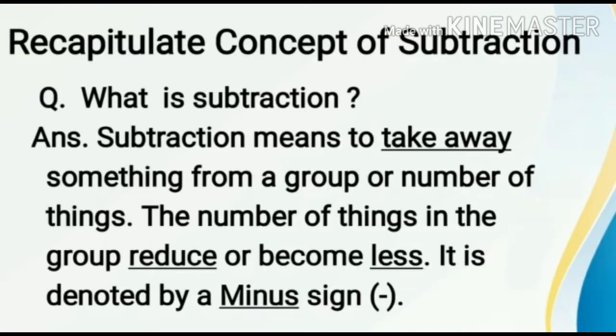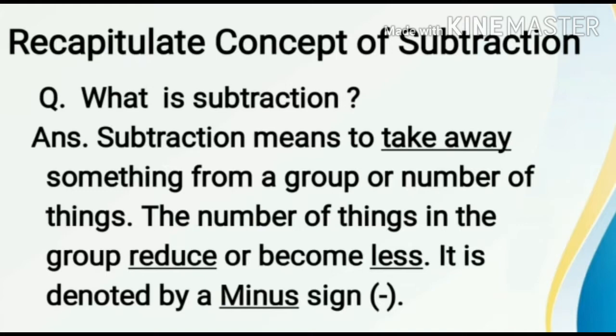What does subtraction mean? In maths, subtraction means to take away something from a group or number of things. When we subtract things in the group, they reduce or become less.